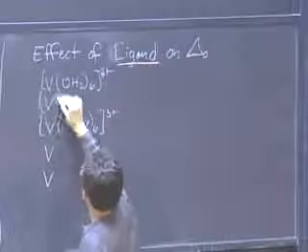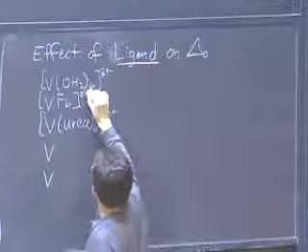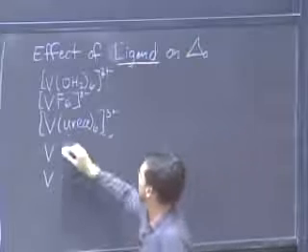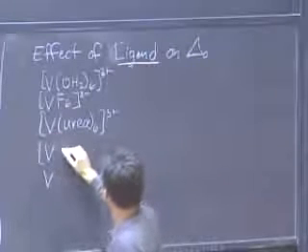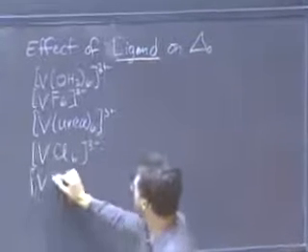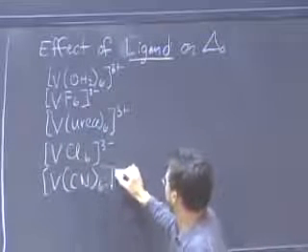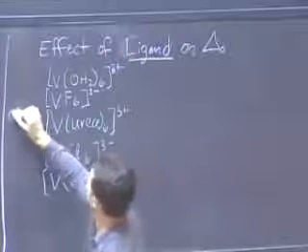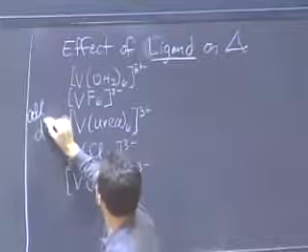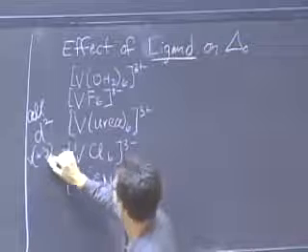We've got vanadium hexafluoride 3-, and these are all vanadium in the +3 oxidation state. Then we have vanadium hexachloride 3-, and down here the 5th one will be vanadium with 6 cyanide ligands and 3-. So these are all D2 systems with vanadium in the +3 oxidation state.